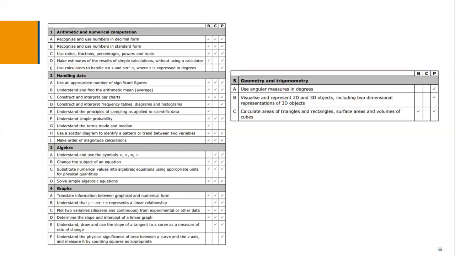Some of them are specific to physics and chemistry as well. But for the biology ones, you just need to be aware of them. And this idea of 10% of the marks being maths marks continues on into A level. It's worth encouraging students to be comfortable with answering maths questions, not to panic when they see them, because if they stop to think about it, they can answer them.